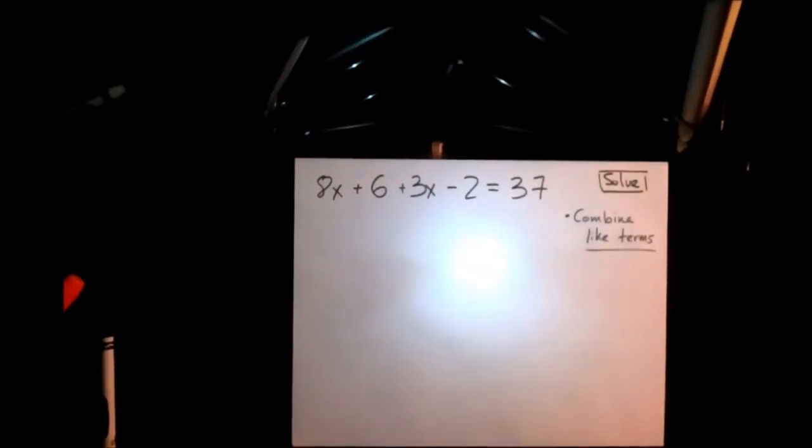Combine like terms. And that's the first thing you want to do because you have terms here that are of the same type and you can simplify those. So even though this is an equation, you can apply what you learned in the last section to simplify like terms here. Alright, let's do that.